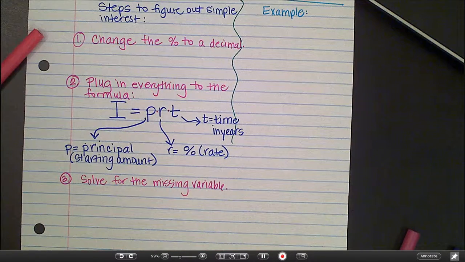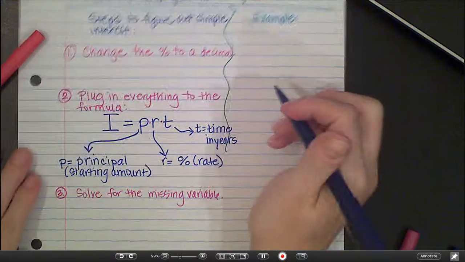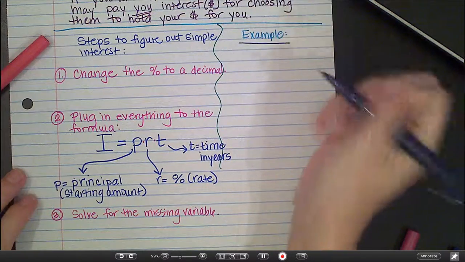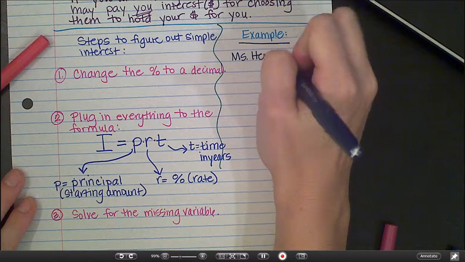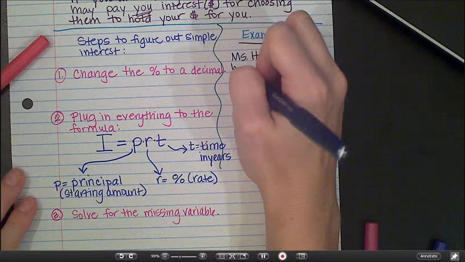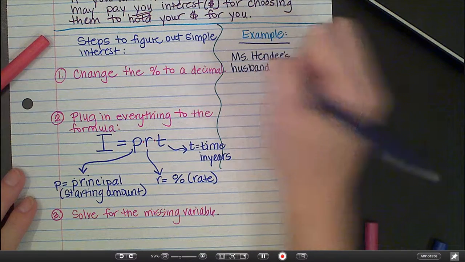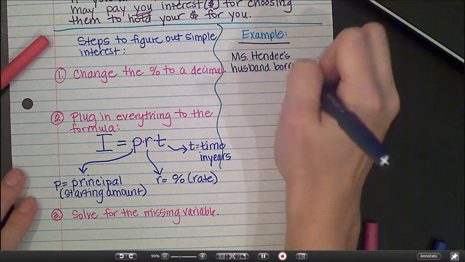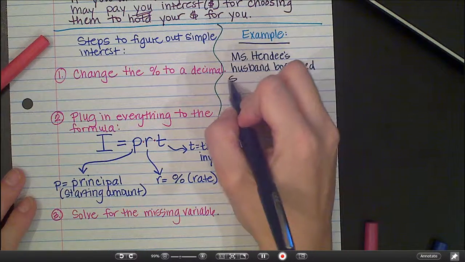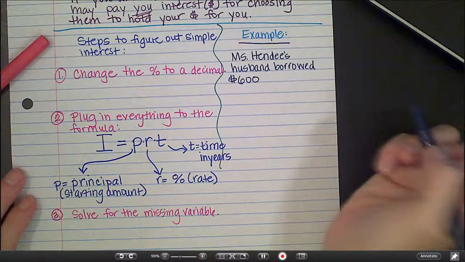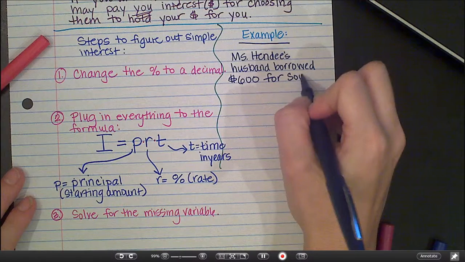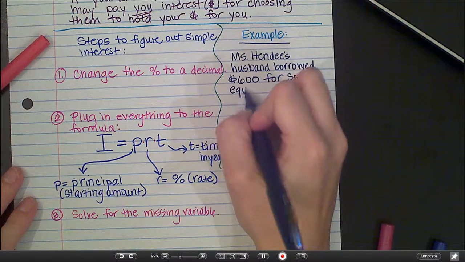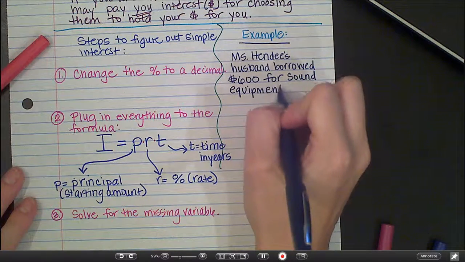Let's get an example, Miss Hendee. Why don't you give us an example? Okay. Miss Hendee's husband borrowed $600. Make sure you guys are writing this. Borrowed $600 for some sound equipment. This actually happened. True story. Okay.